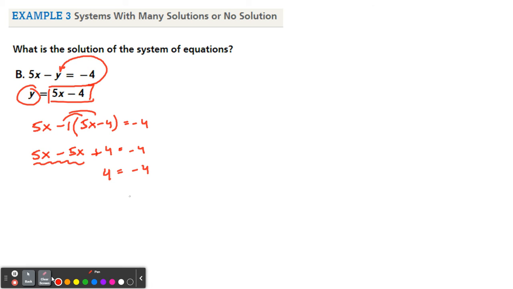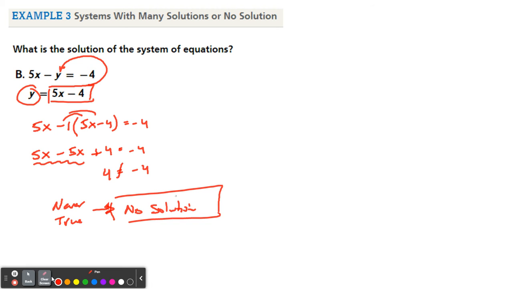And again, we ask ourselves, is this true? And no. 4 does not equal negative 4. This is never true. And because it's never true, this has no solution. And this time what it would mean is that your two lines are parallel. They never touch graphically.